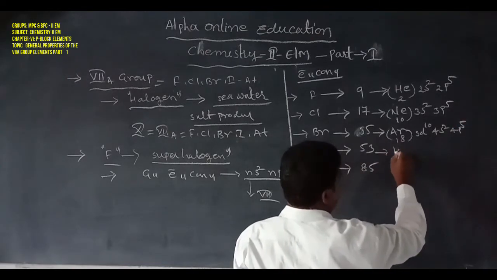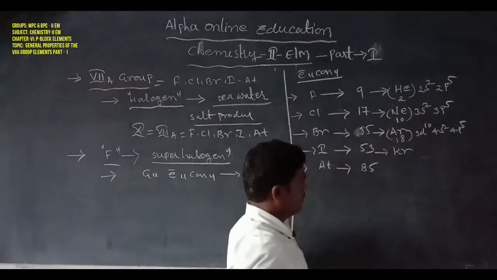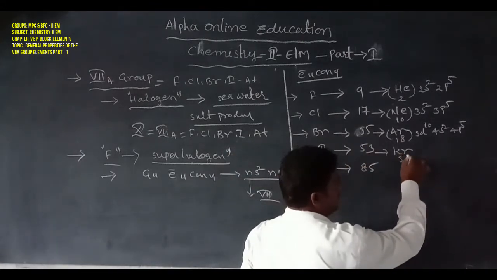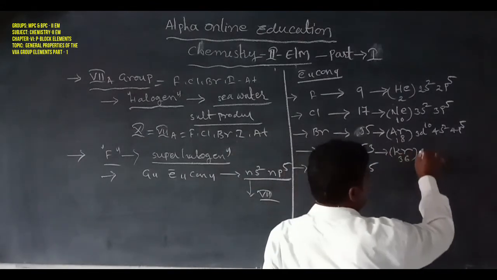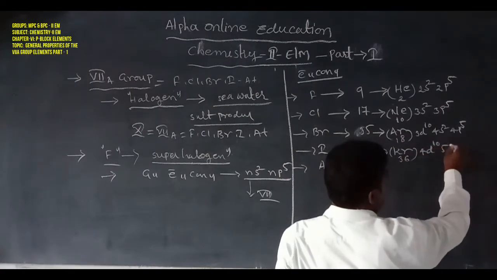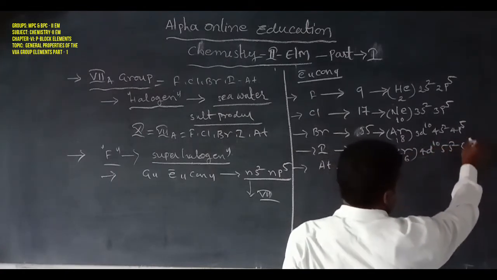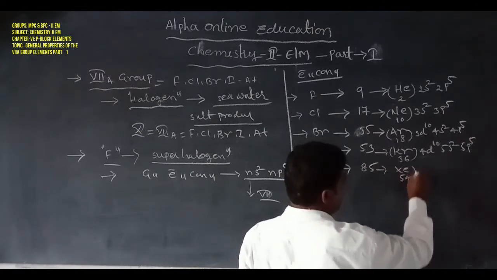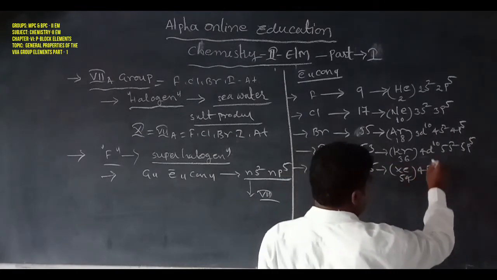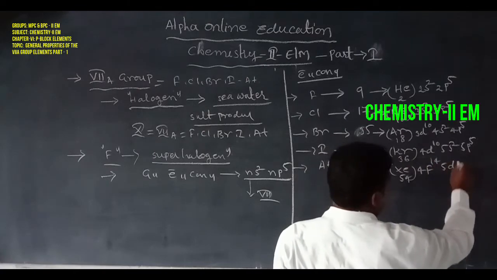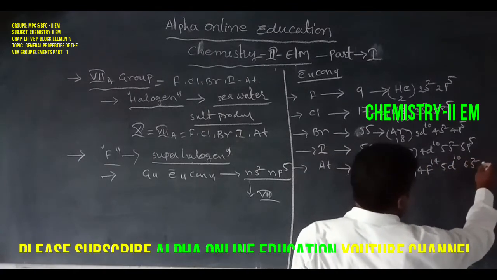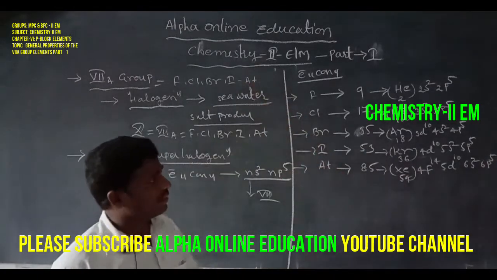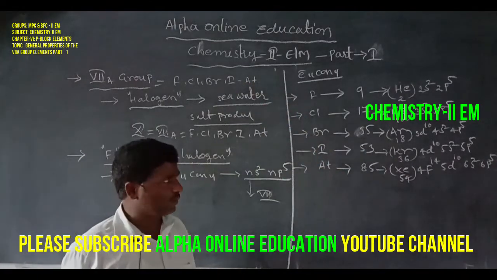Next, iodine, atomic number 53: krypton, atomic number 36, then 4d10 5s2 5p5. Next, astatine: xenon, atomic number 54, then 4f14 5d10 6s2 6p5. That is the electron configuration of the 7th A group elements.